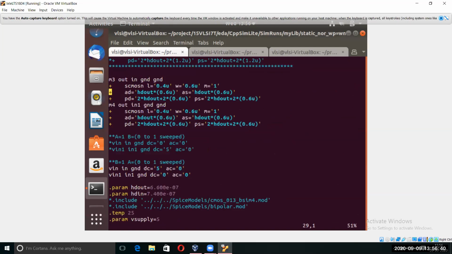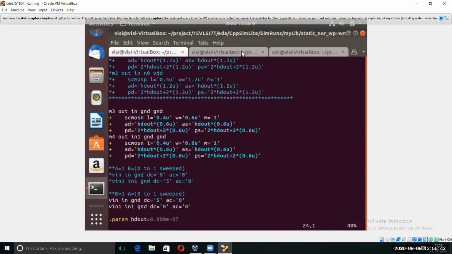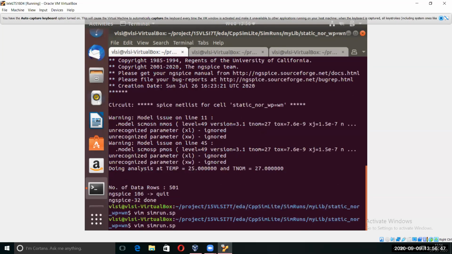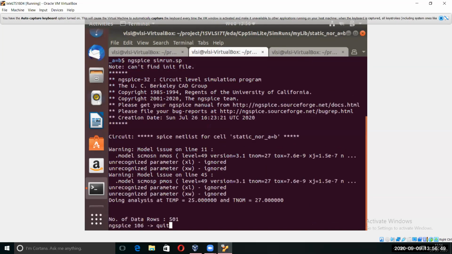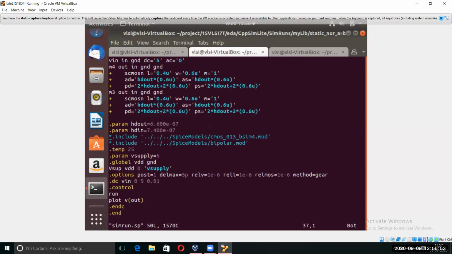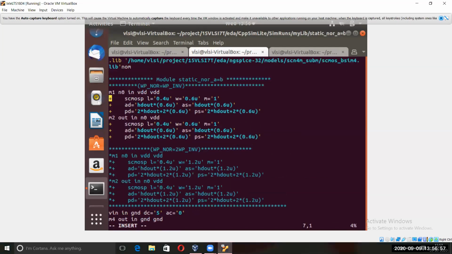Then you can see here what is happening if you are increasing. You just have to comment the above one, the 0.61, and uncomment the 1.21. Okay, so just do that and you will find the difference.